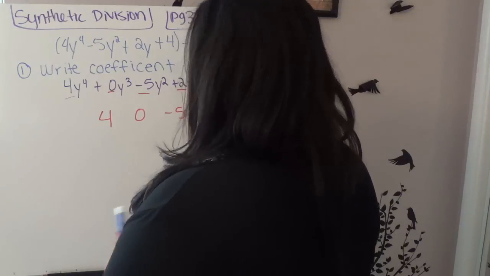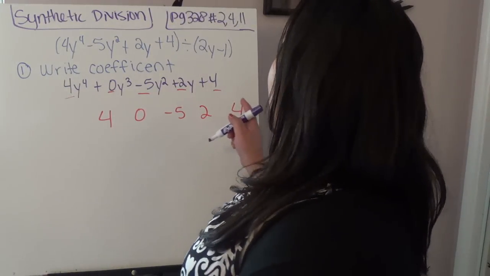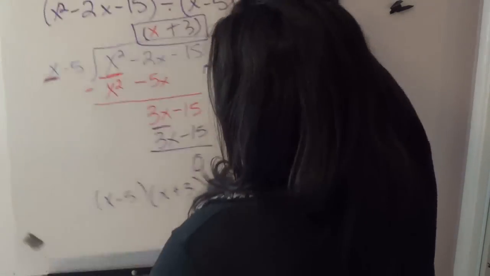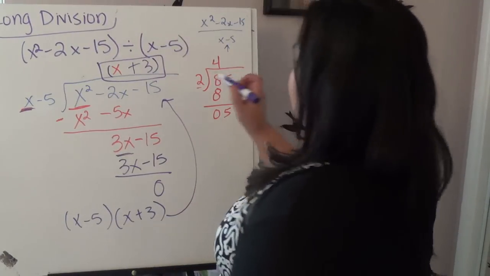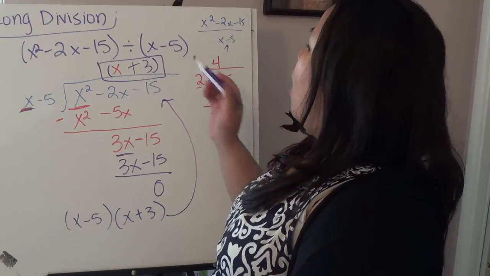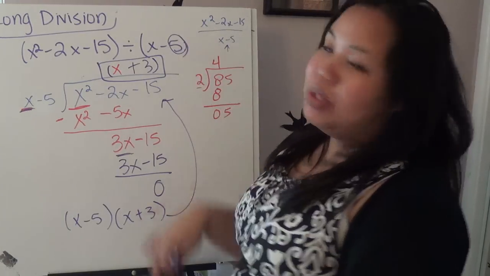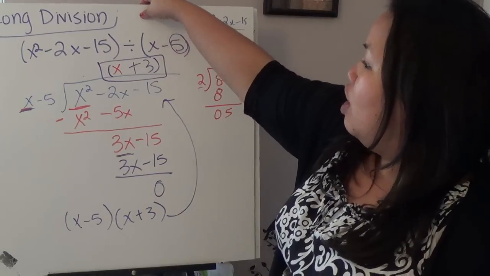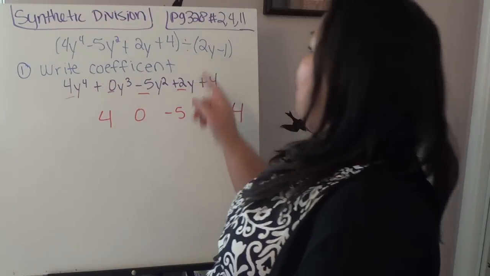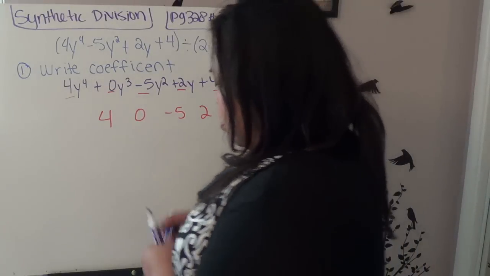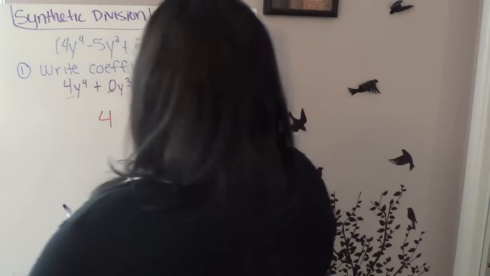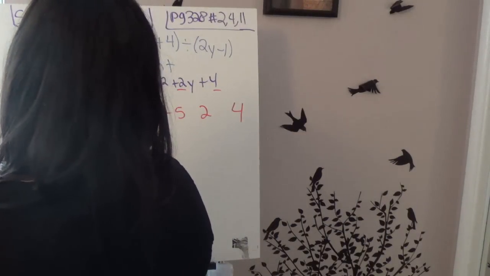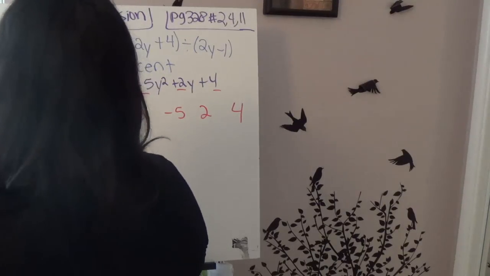Now, I need to find what goes here. Basically, if, for example, we were doing long division here, and I'm trying to use synthetic division, all I need to do is take this number and find the opposite. In this case, it would be positive 5 because this number is negative 5. But in this case, I have a 2 in front of it. So my second step is to find what I divide by.